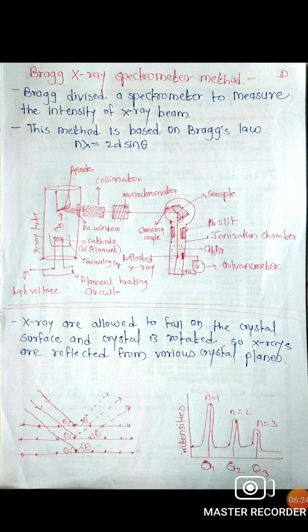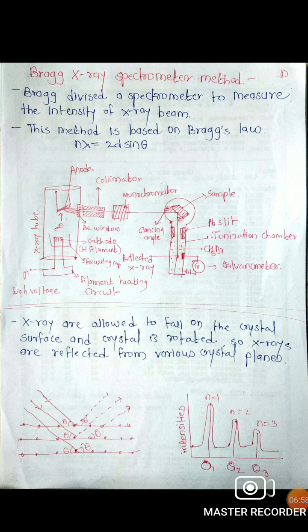Then there is a beryllium window. From that beryllium window, this radiation passes towards the collimator. Then from the collimator, a narrow beam of X-ray is passed towards the monochromator. Then monochromatic light falls on the sample, and when this monochromatic X-ray radiation falls on the sample, these radiations are diffracted with glancing angle theta.